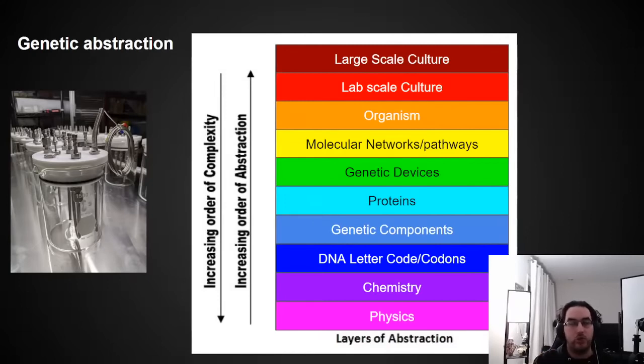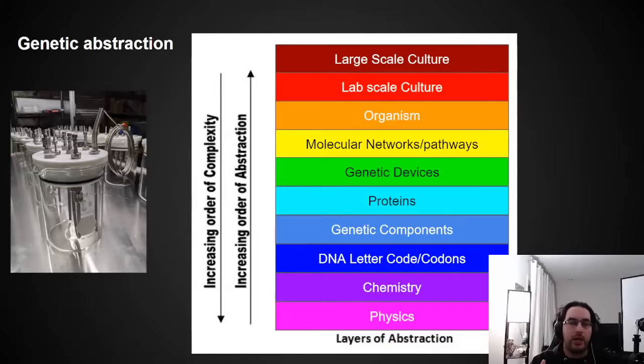This is where you're choosing which organism you want to work with, be it E. coli, yeast, plants, whatever. Then above that, you've got the actual culturing of the organism. So now you're growing whatever it is that you want to be growing, and you're controlling the molecular networks and proteins that are going into that growth.